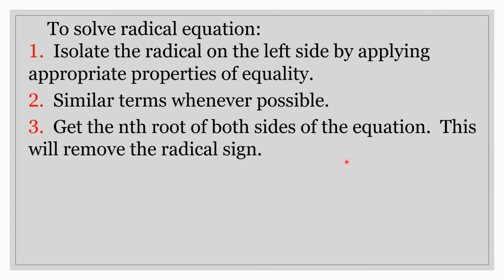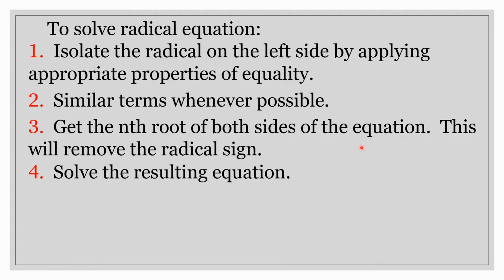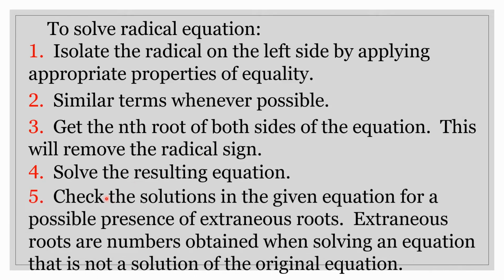This will remove the radical sign. Fourth, solve the resulting equation. And the last one is to check the solutions in the given equation for a possible presence of extraneous roots, because extraneous roots are numbers obtained when solving an equation that are not a solution of the original equation.